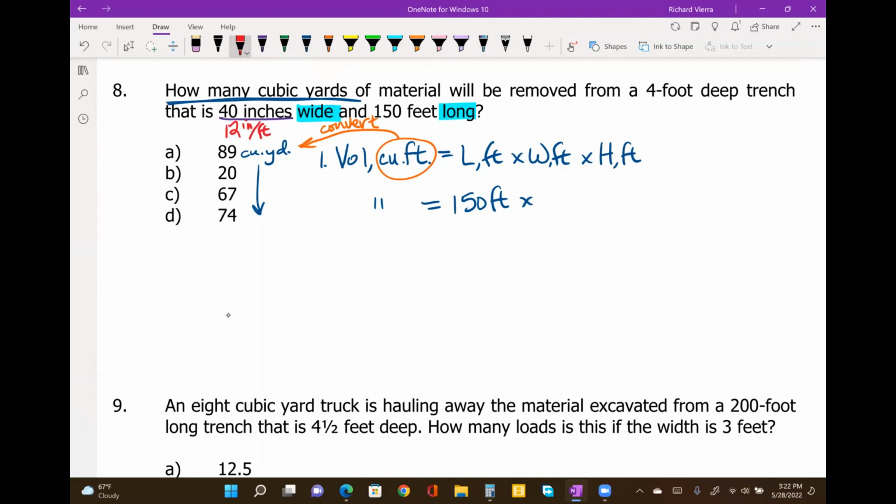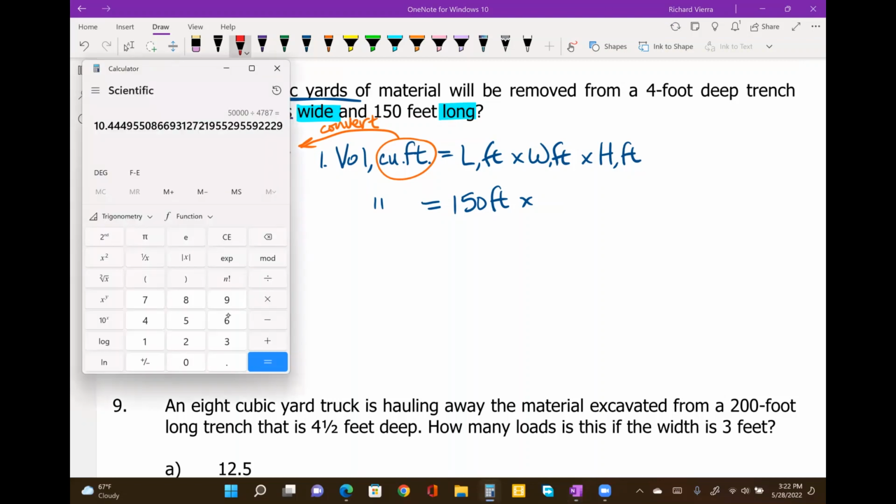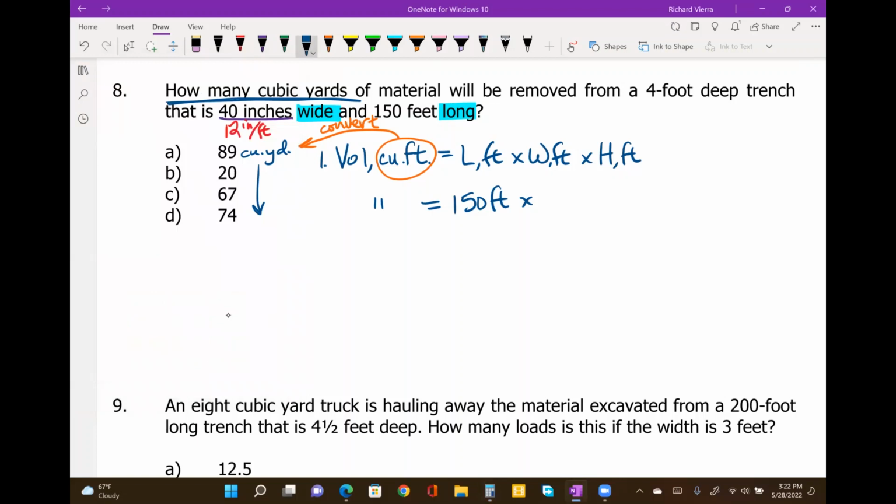The difference, of course, is that we don't square this number as part of the calculation here like we would with a diameter when we're using it in a volume process. So we take the 40 and divide by 12, and it comes out 3 point and then a whole bunch of threes. So since we're not squaring the number, in this case, it's usually sufficient just to carry it out a couple places past the decimal point. So 3.33 feet for the width instead of using 40 inches.